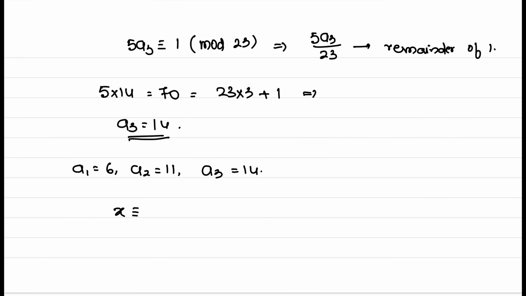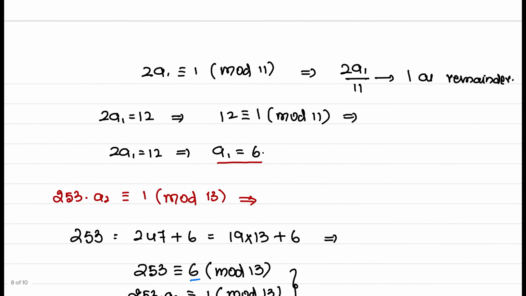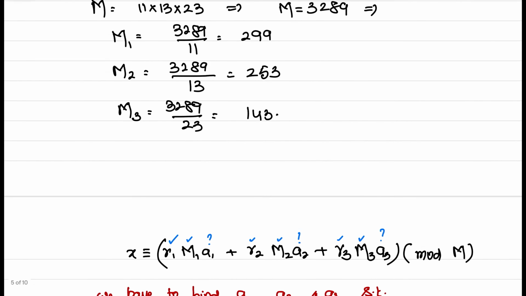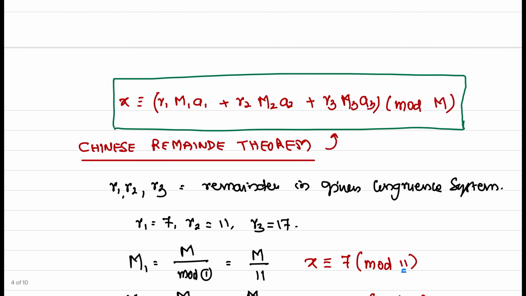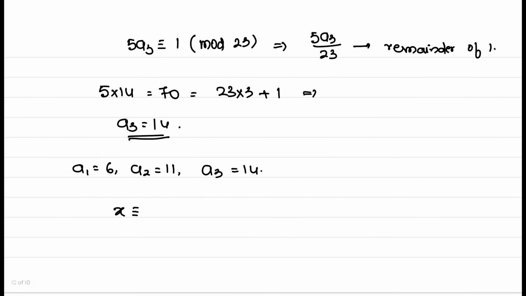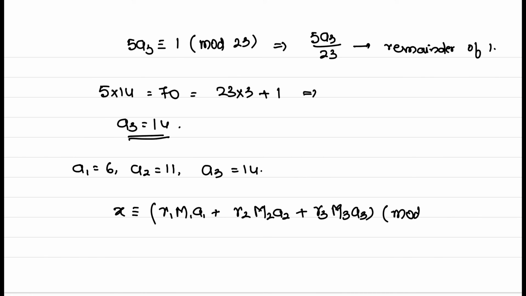X is equivalent to R1 M1 A1 plus R2 M2 A2 plus R3 M3 A3 mod capital M, the overall modulus.